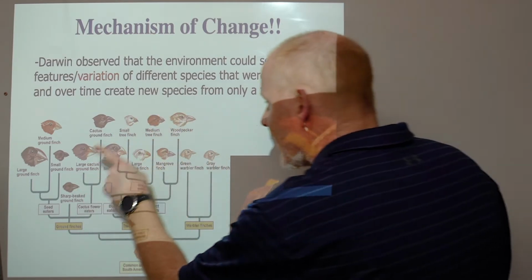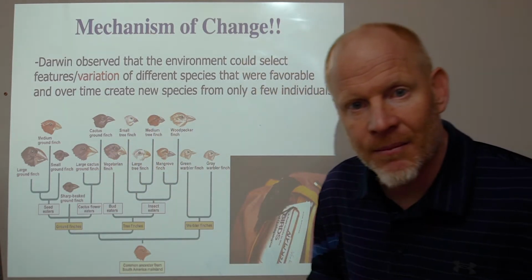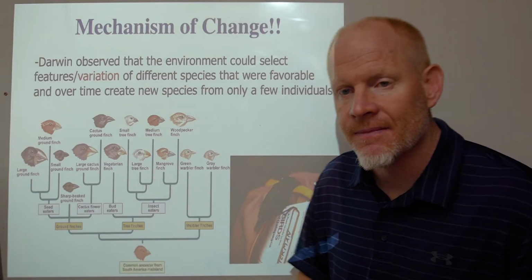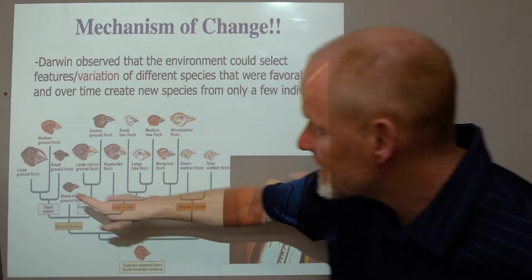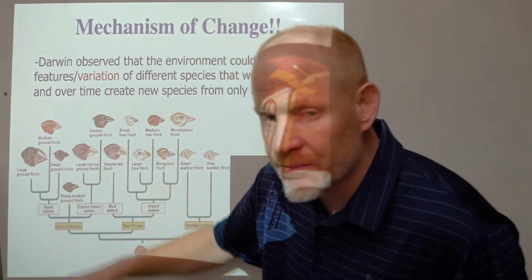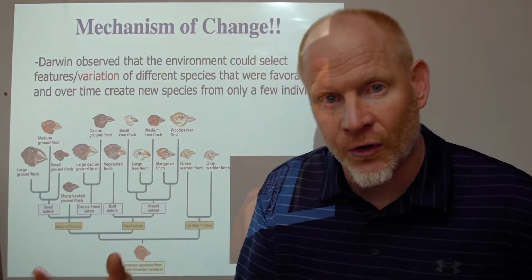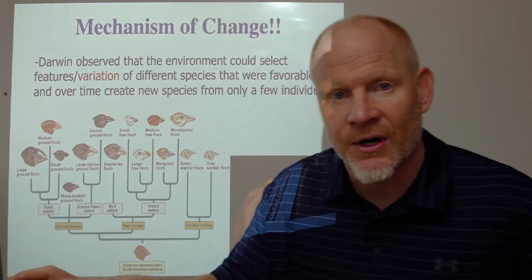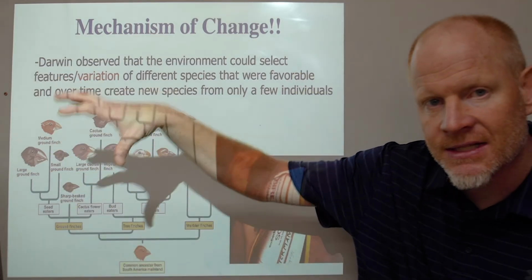There obviously was some variation in beak size among these finches that made it to the islands. And over time, if one of the larger finches with the larger beak landed on an island where there was fruit you could only crack with the big beak, they were the only ones that were going to stay there. Everybody else flies to the next island.